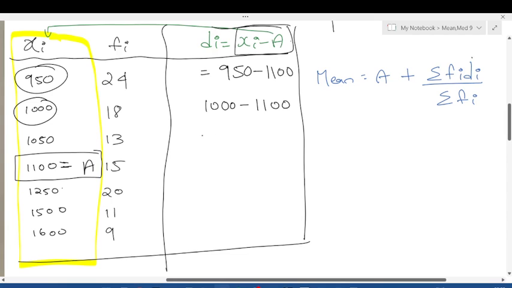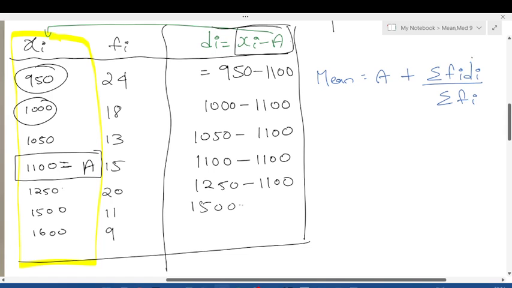For the third one, 1000, next one 1100 minus, next one 1250 minus, 1500 minus 1100. Whatever xi value is there, subtract the assumed value from all the values. First complete this and draw the table. This is known as the assumed mean method.